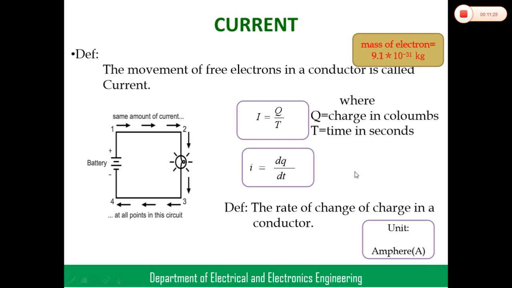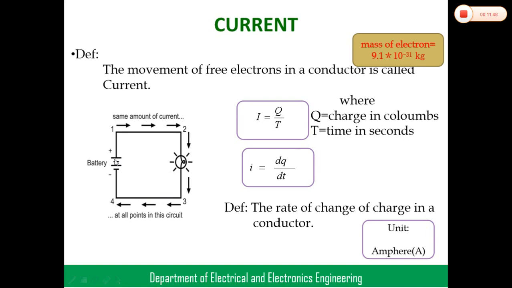Here I mention a very important point about current. Here is a small circuit where I put a battery and a bulb. A circuit is nothing but a closed path.